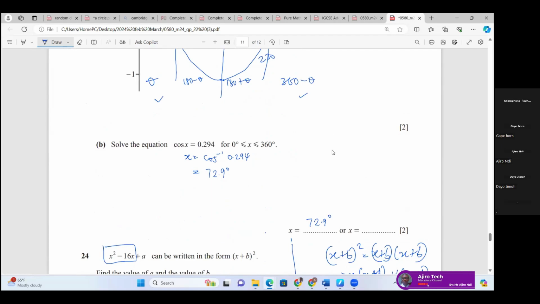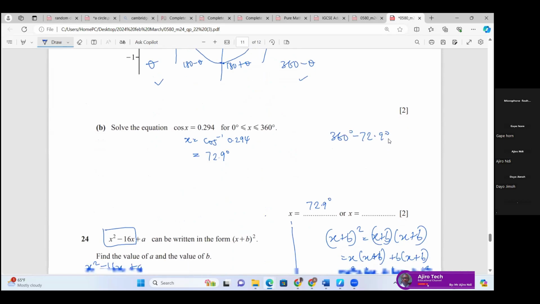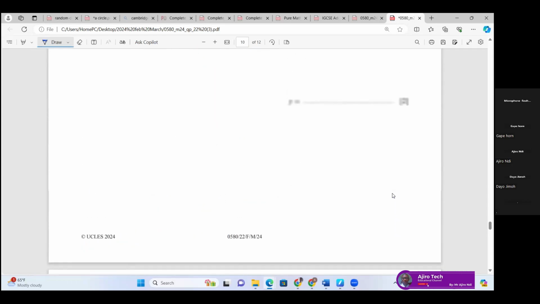So 360 minus 72.9 degrees, that should be 287.1 degrees.